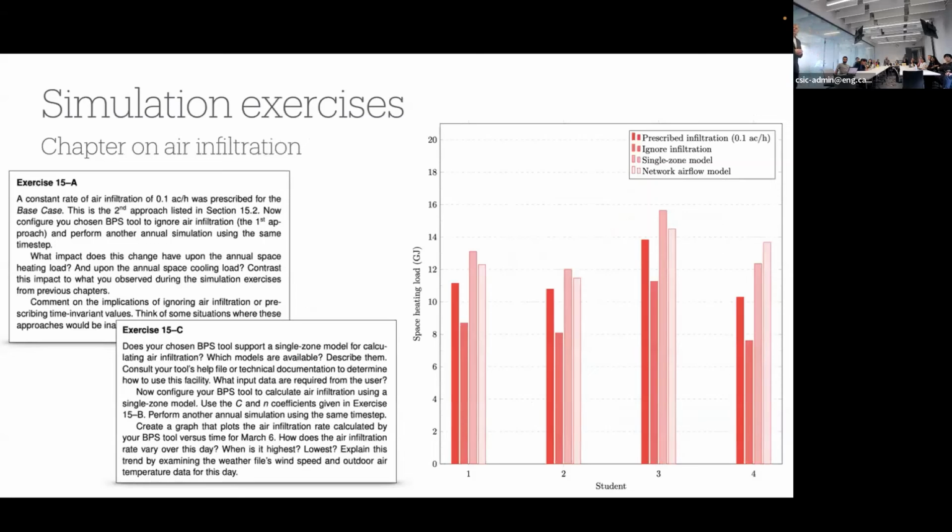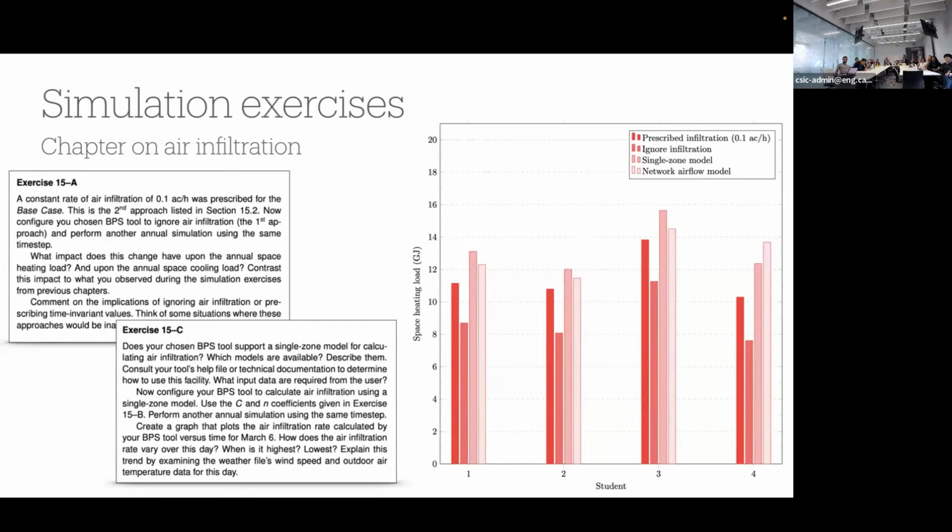Here's another example on air infiltration, where we have an exercise where we alter between two commonly used methods in the building performance simulation field. Despite how sophisticated some of those tools are, when it comes to treating air infiltration, most do it very simplistically. It's common for those tools or users to just completely ignore air infiltration, so we have no air transferring from outside to inside through random openings.